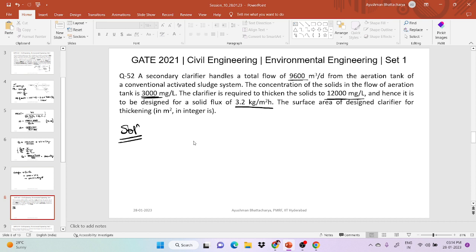So basically, first we will write down the data they have mentioned in the question. Design solid flux is 3.2 kg per meter square per hour.